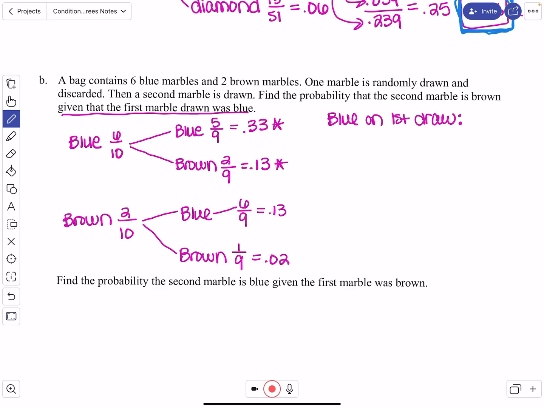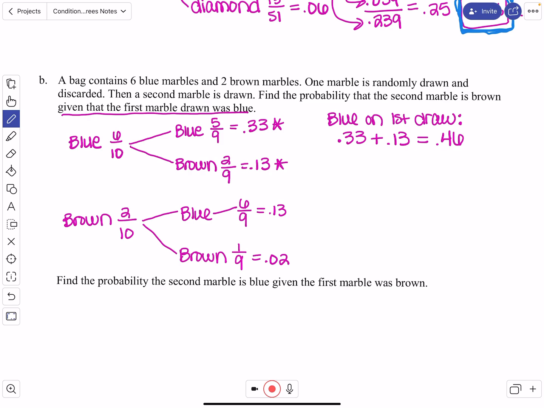Those were the 2 possibilities that happened. So I'm going to add up 0.33 plus 0.13, because I could get blue and brown or blue and blue. So I add up those 2 probabilities, and that gives me 0.46, because those were the ways that happened with the blue on the first draw.